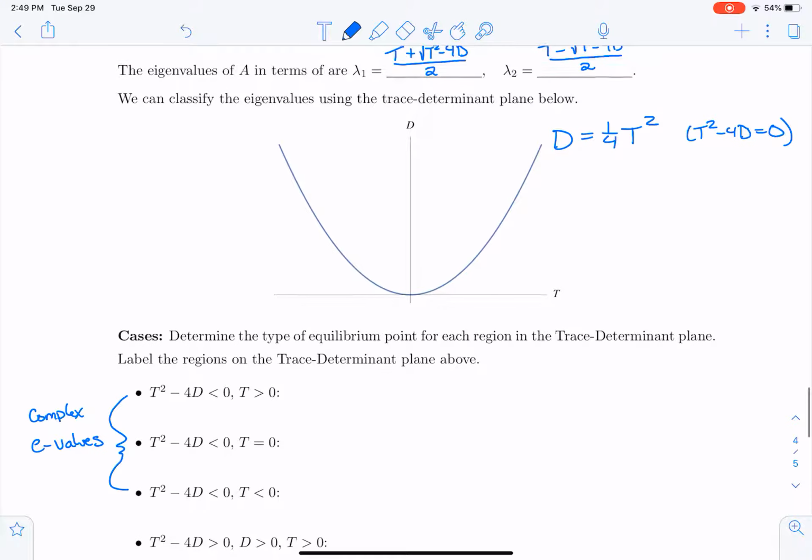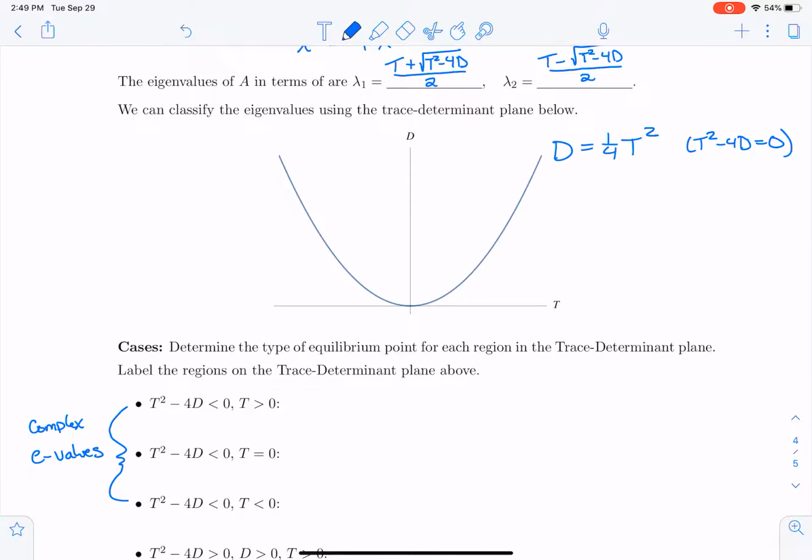That's going to give us our complex eigenvalues. In particular, we can even say that those complex eigenvalues are of the form T plus or minus the square root of 4D minus T squared times i, over 2.